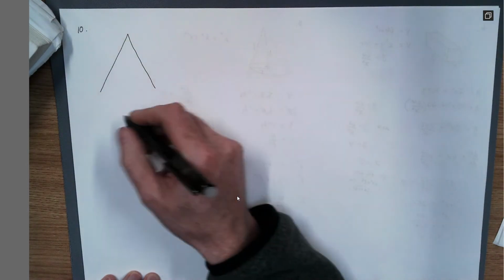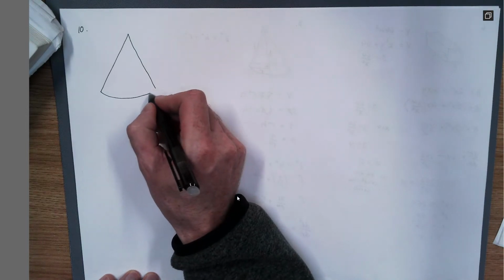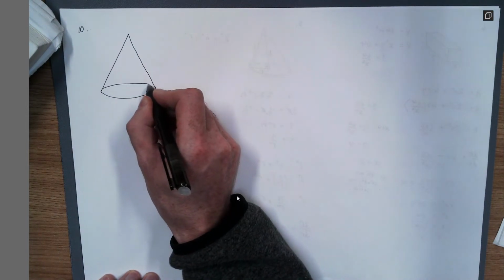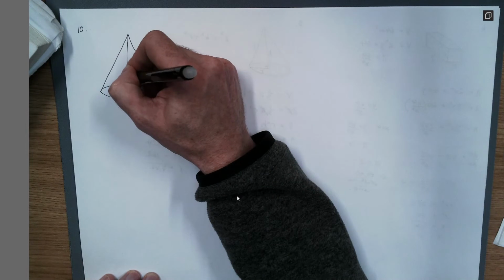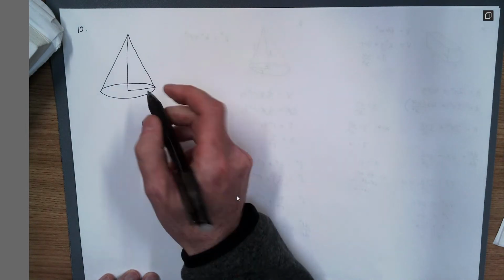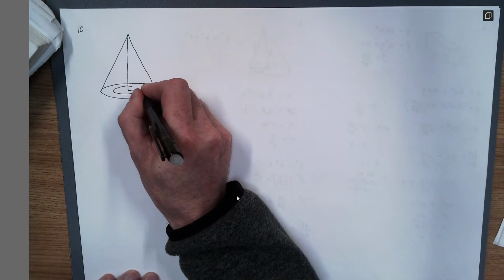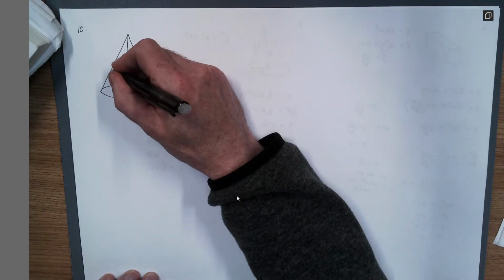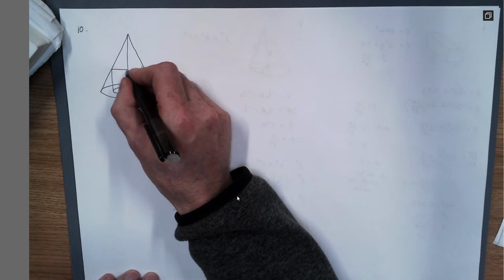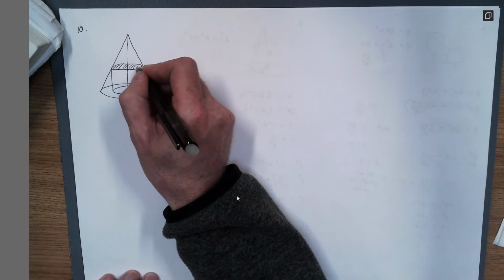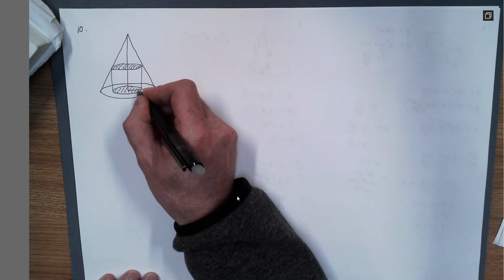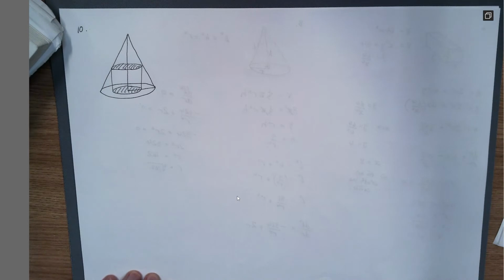Now in 3D, I'm just going to show my digits in 3D. The cone and the cylinder: the cylinder contains the cone.